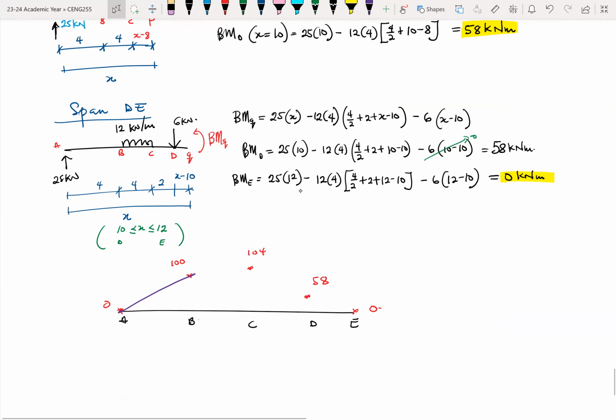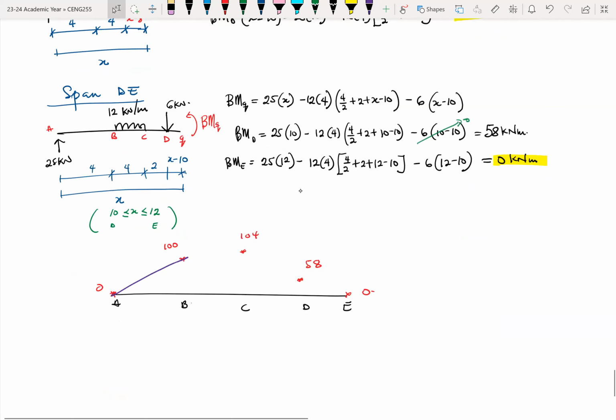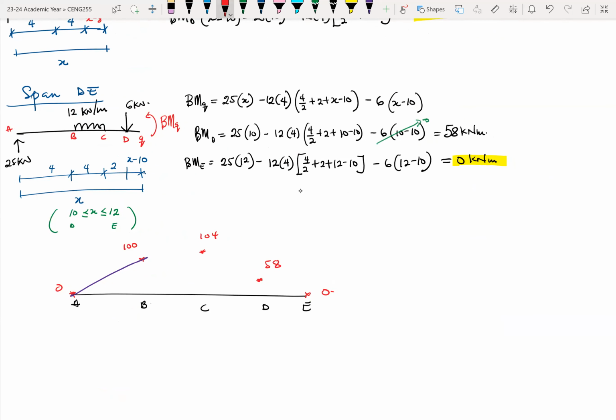Now, the challenge with this quadratic equation, so this is what, 100? Maybe somewhere here is 104. Is it going to be like this? Let me see, is it going to be something like that?